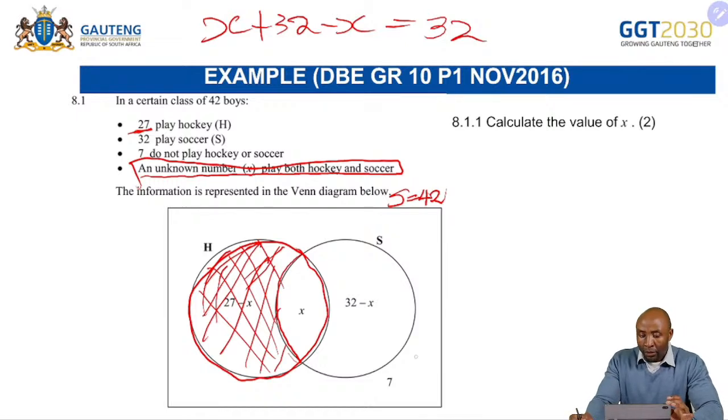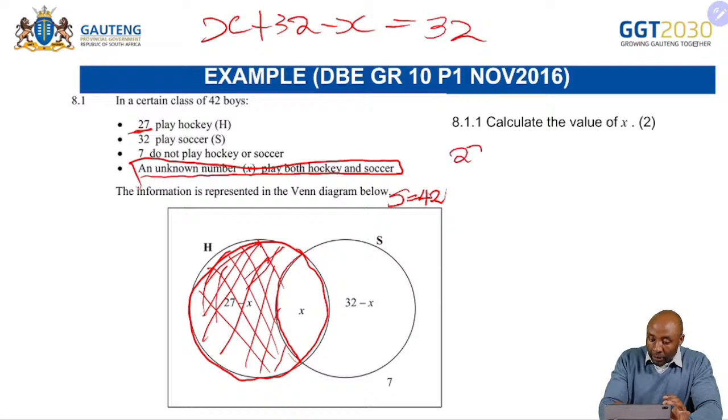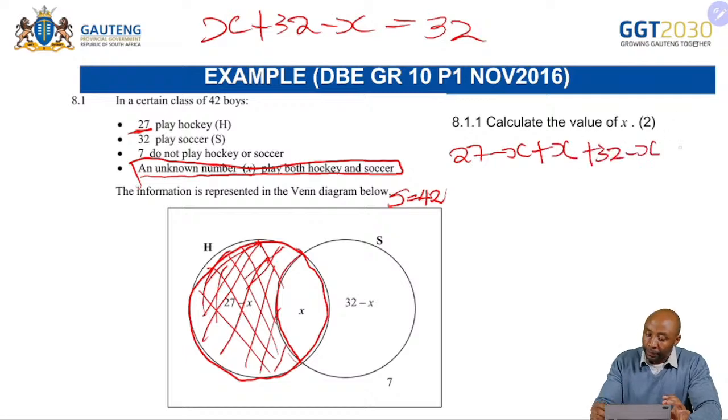Now, we are supposed to find the value of x. Remember, when we add all the totals in our events, including those that are not part of the events, they must give us our sample space. That's what we are going to use. So I'll write, we were not going to repeat anything. It will be 27 minus x plus 32 minus x plus the 7.